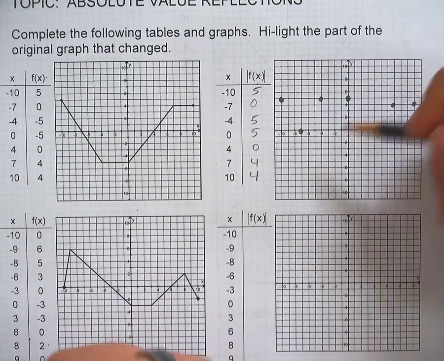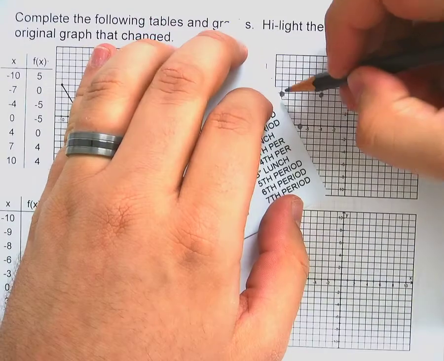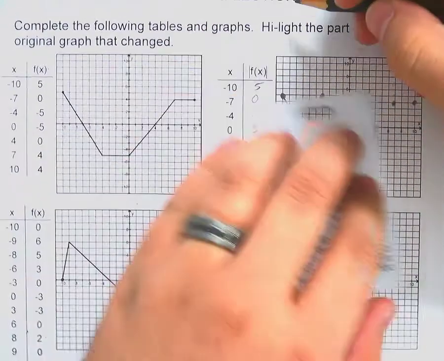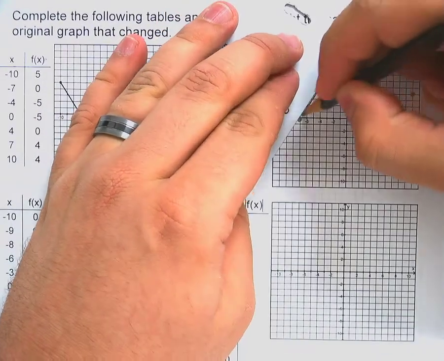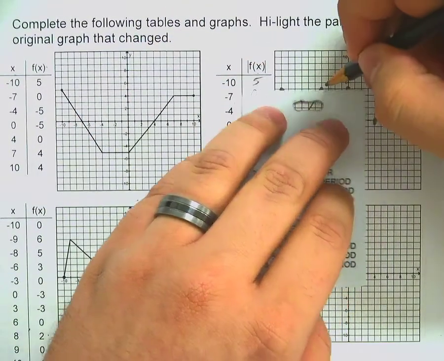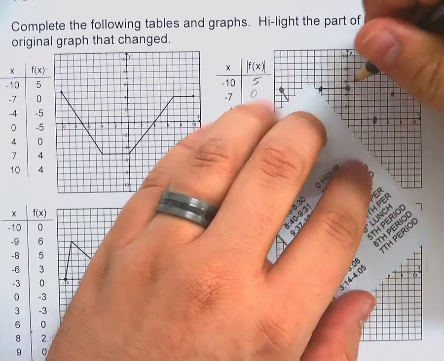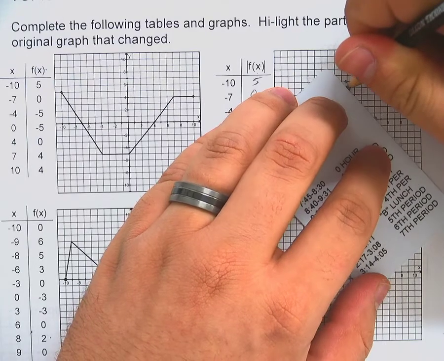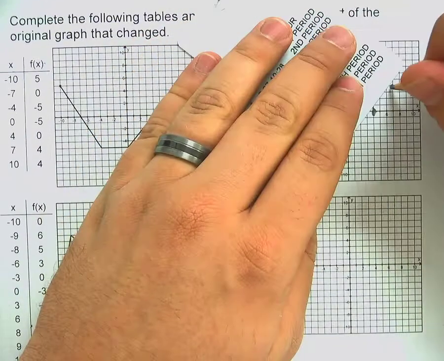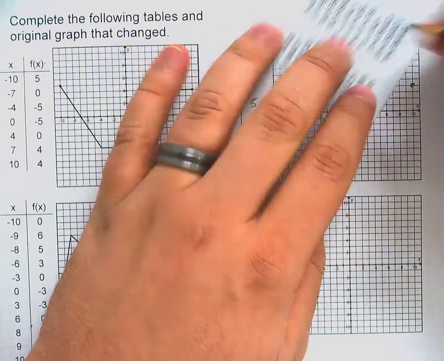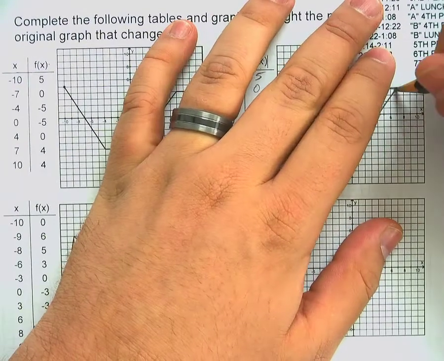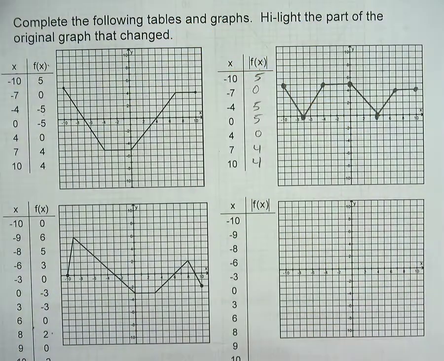And what I'm going to do now is just connect them, and I do want to try and do this with as straight a line as possible. And connect them just from one point to the other. And what you'll notice here is that nothing is going below the x-axis.